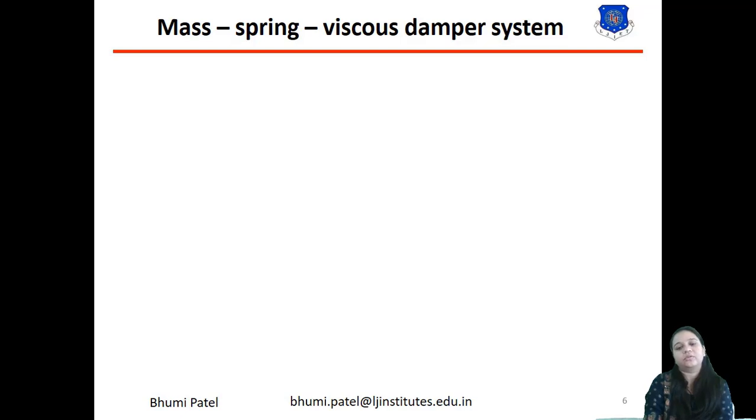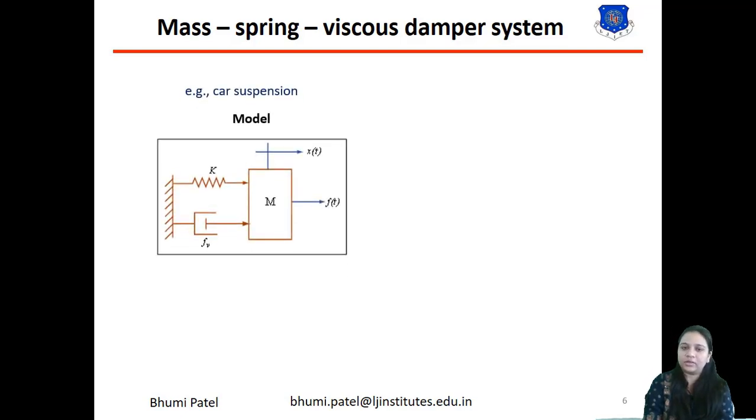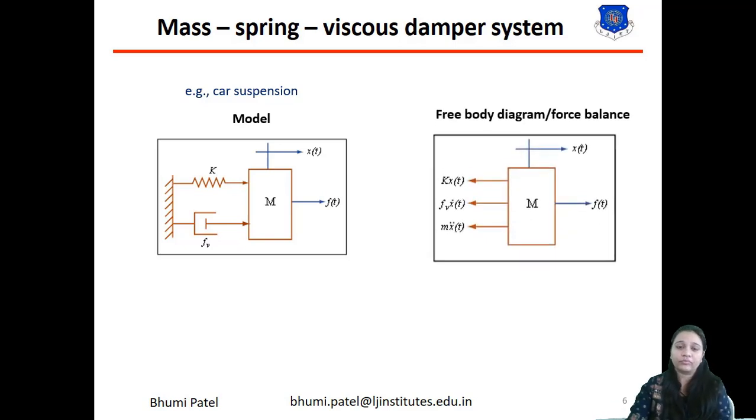Next one is the mass spring viscous damper system. We can take one example, car suspension. Here you can see that f(t) is our input element, mass, spring and friction are given, and x(t) is our final displacement. On the right hand side there is a free body diagram of this system.